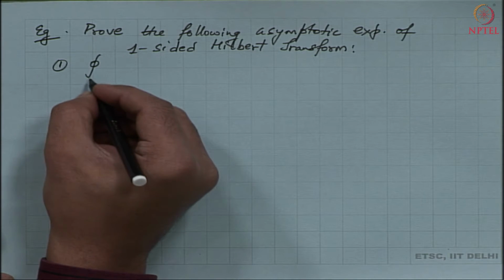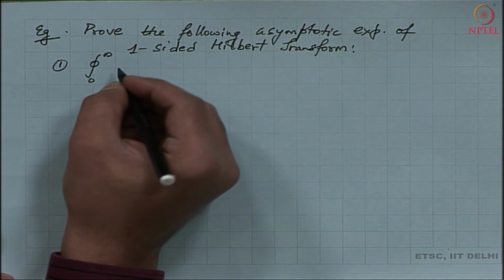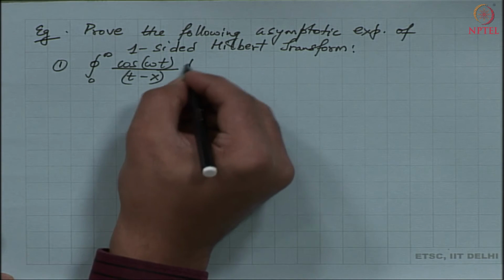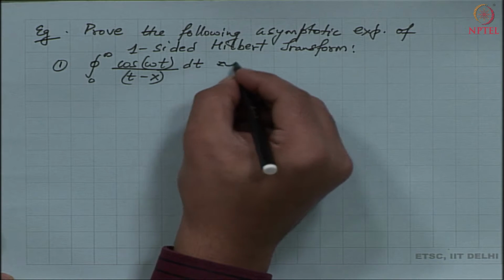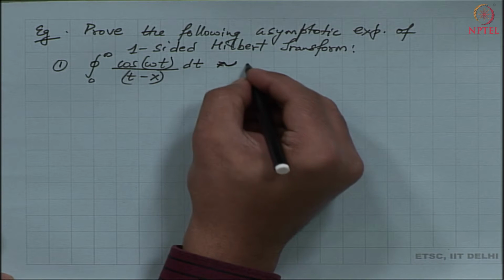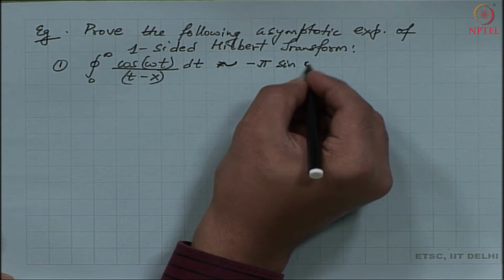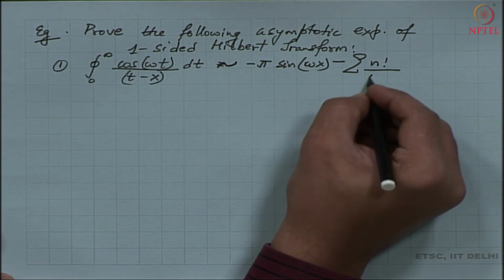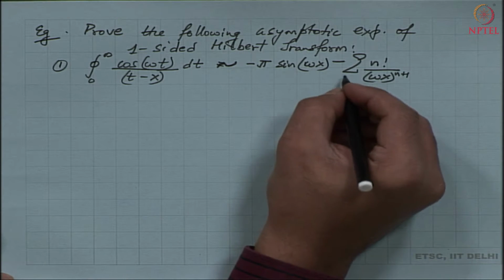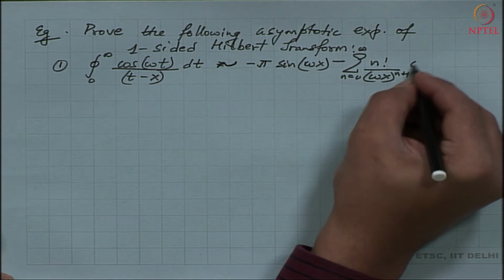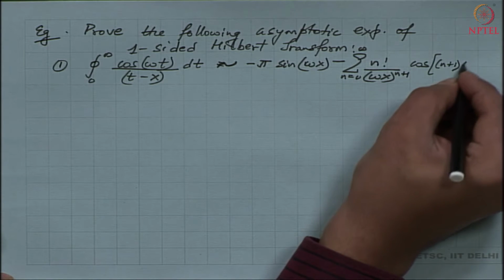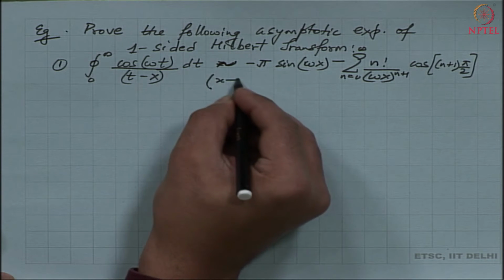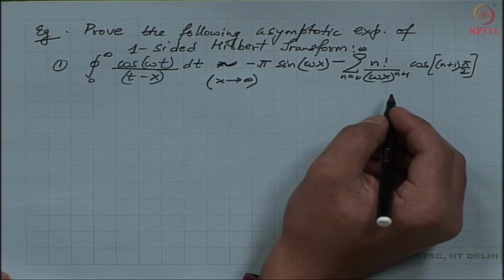The Cauchy principal value integral of cos omega t by t minus x dt is asymptotically given by negative pi sin omega x minus the summation over n from 0 to infinity of n factorial by omega x to the power n plus 1 times cos of n plus 1 times pi by 2, in the limit x going to infinity.